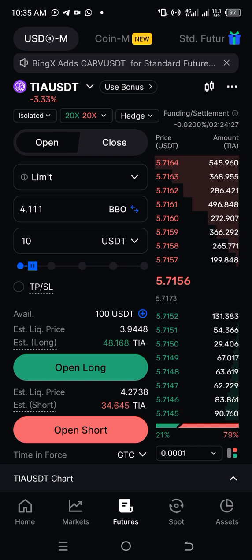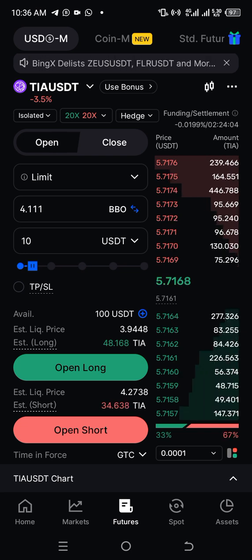How much is 10% of $100? That is $10. I want to use $10 to trade this market. If you have $10 and use 10%, it means you want to use $1. If I put it on 5% right now, it means I want to use $5. That's just the simple explanation for this. And it's very important that you trade wisely.